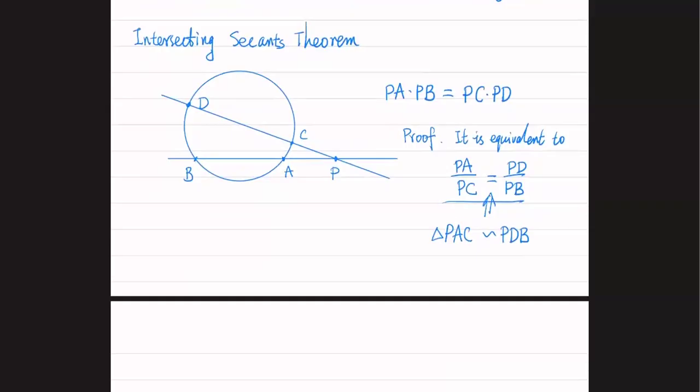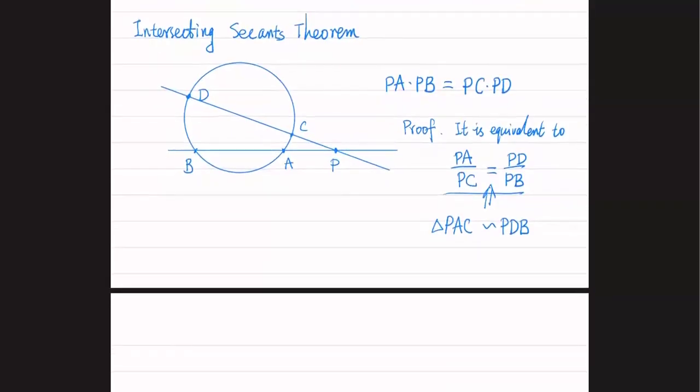Now let's go the other way. What's the converse? Okay, so again, make a comparison.